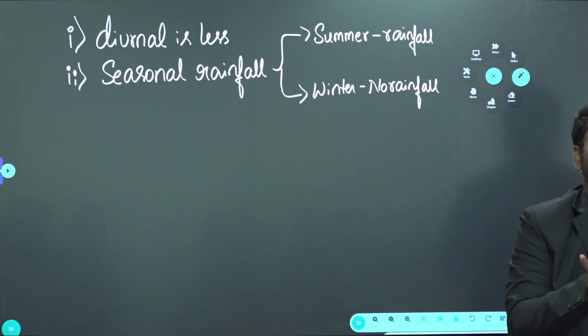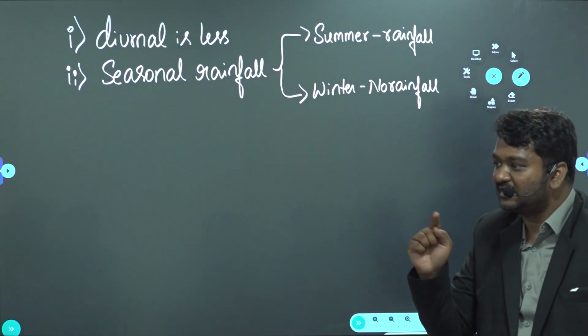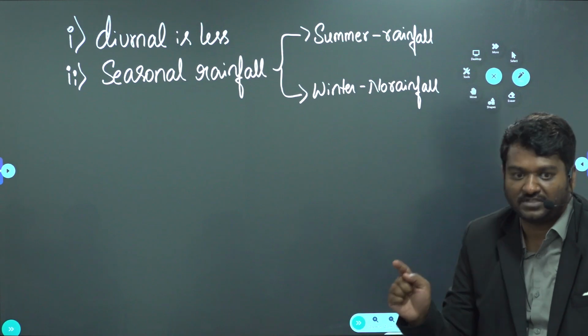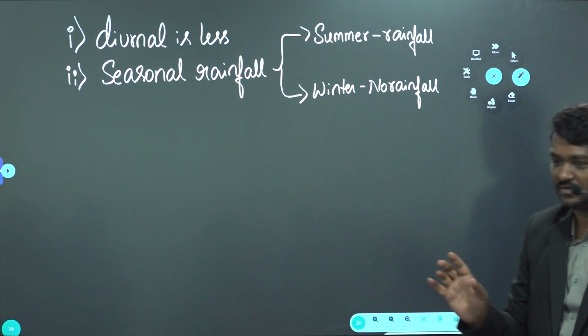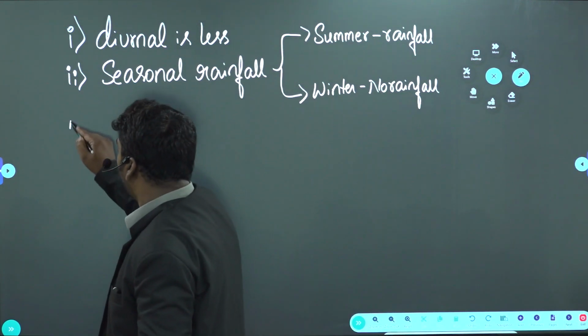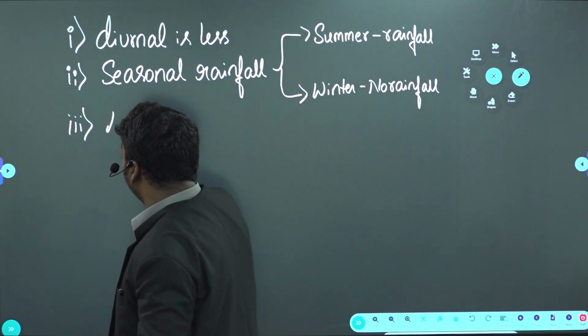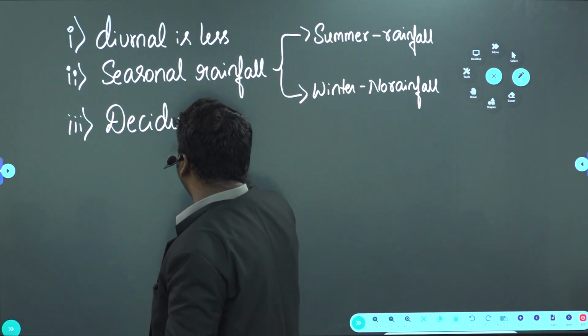So here, just remember, monsoon means which rainfall? Summer. Summer is which time in the northern hemisphere? June, July. When is summer in the southern hemisphere? December, Jan. So at that time, if you get rainfall, it is called as what? Monsoons. Right? And which are the places? Seasonal rainfall. And which trees do you get in this particular part? Deciduous forest.